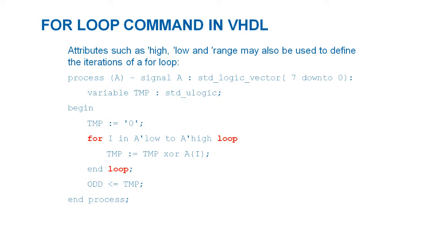So now the essential part is for I in A low to A high loop, and then we have an implementation.